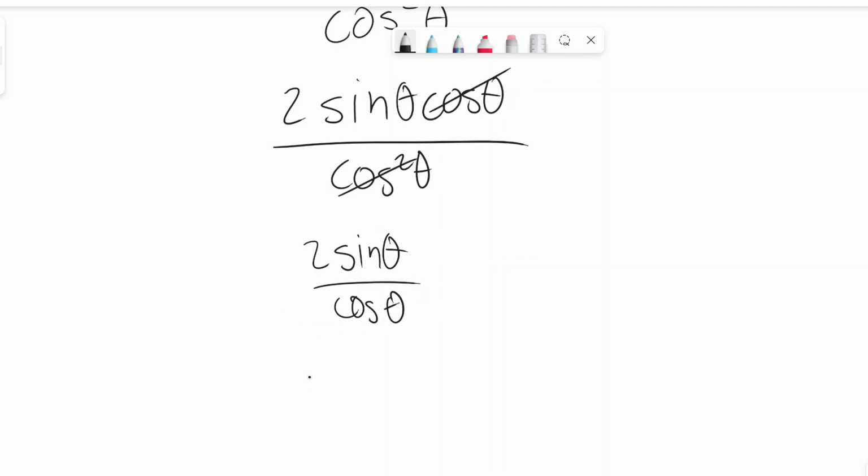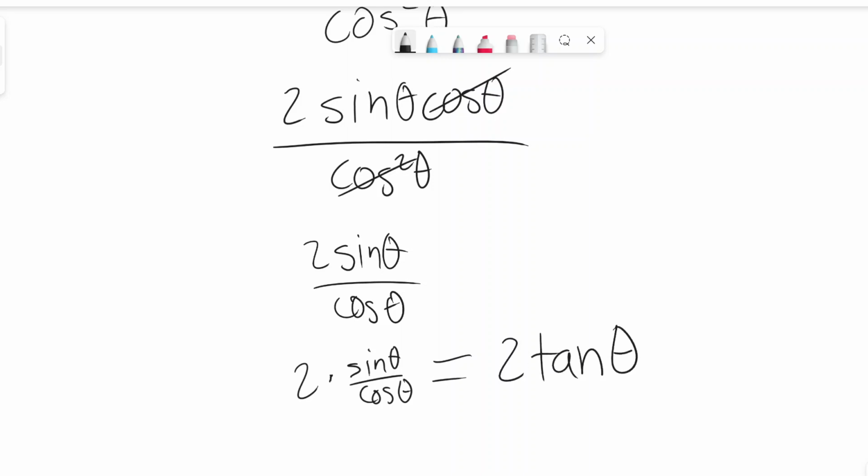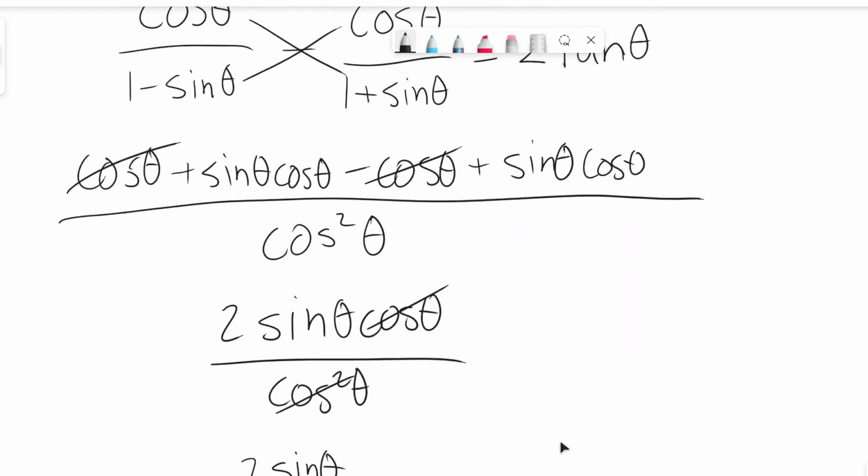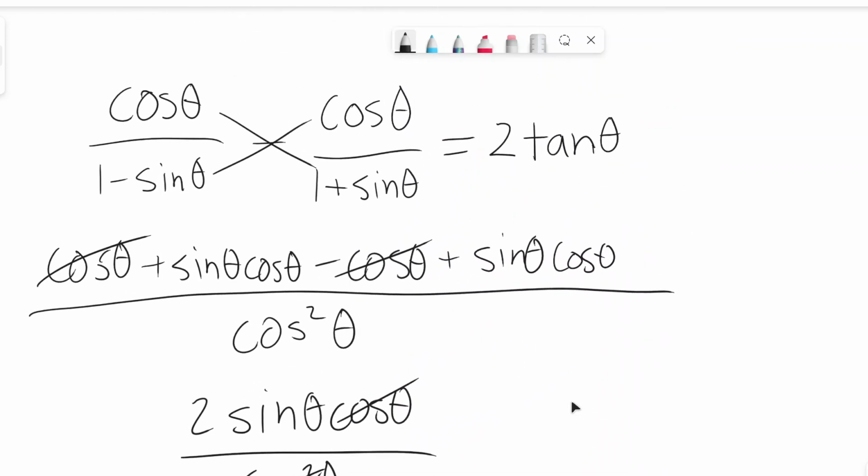So we can rewrite this as 2 times sine theta over cosine theta. And you'll realize that sine theta over cosine theta is the same as tangent. So that means that this can be equal to 2 tan theta, which is the same thing that we were meant to prove in the beginning.